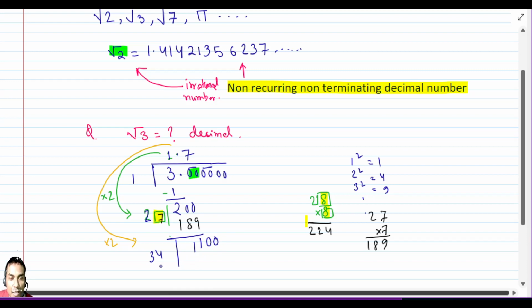So 3 3s are 9, 3 4s are 12, so it could not be 4. So we multiply 3. Again you consider a box and put the same value here also.